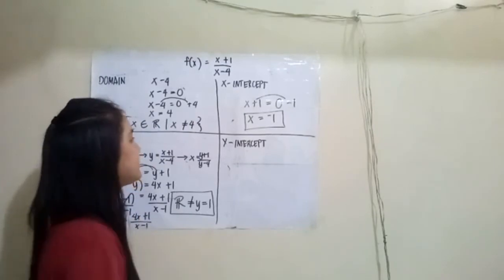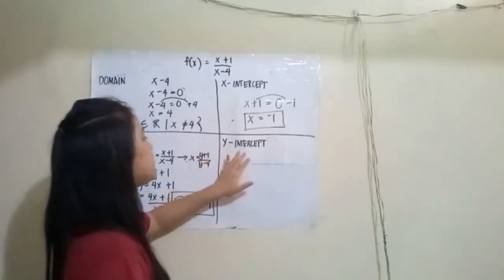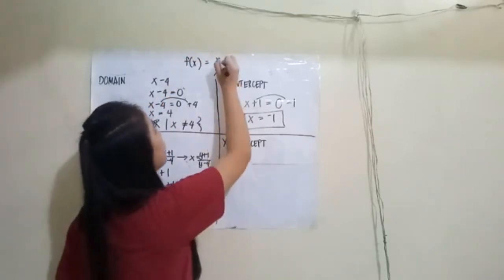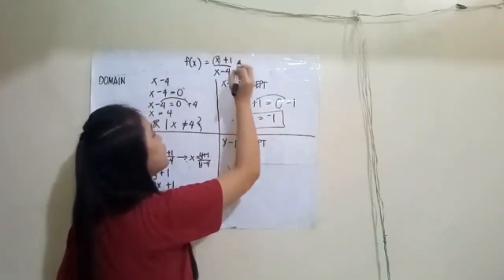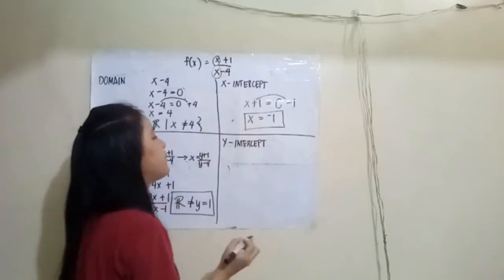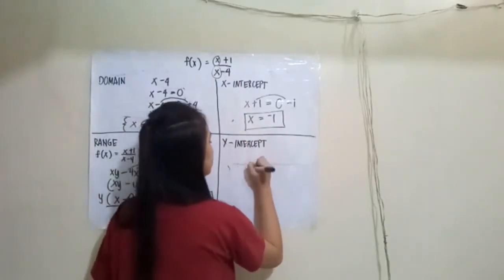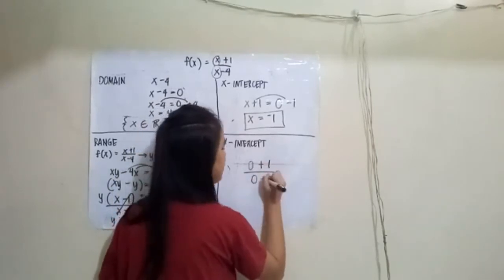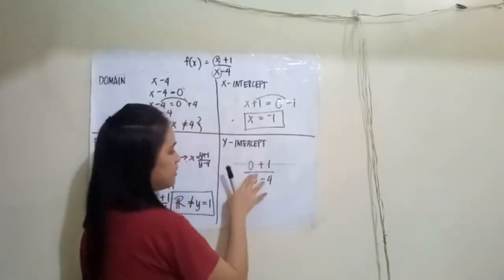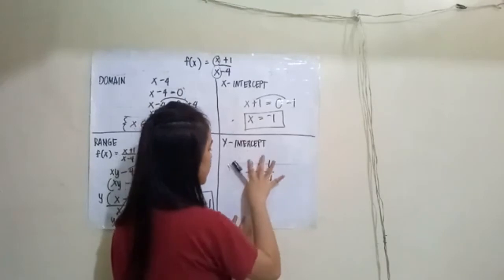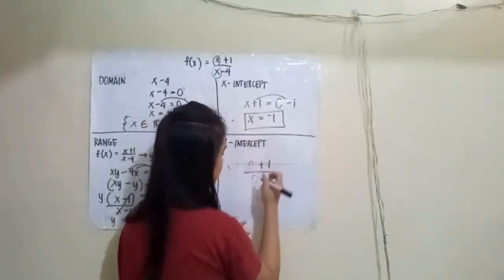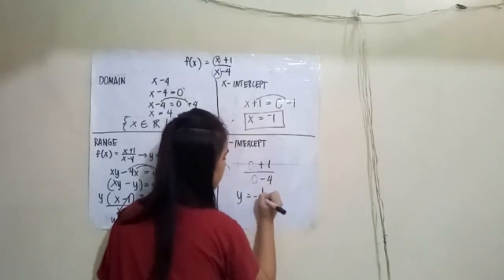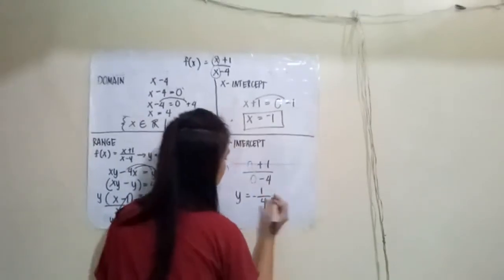To get the y-intercept, we will substitute this 0 for the variables of x in the numerator and in the denominator. So 0 plus 1 all over 0 minus 4 is equal to y is equal to 1 over negative 4.